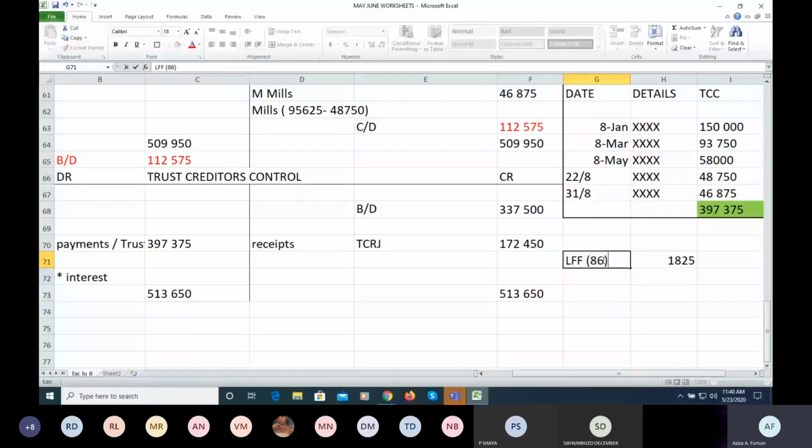Okay, the next amount is the 1875, right? So the 1875 is the amount of moles. Moles made an investment. Let me just see something quickly. Moles is 93,750, right?